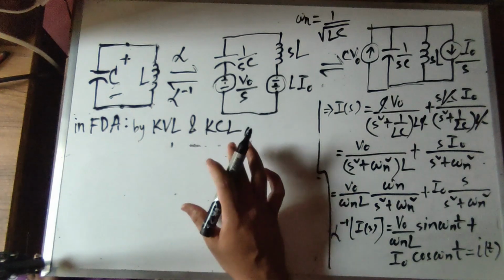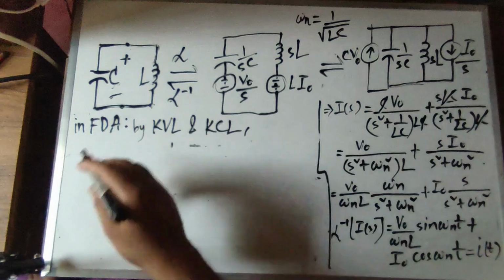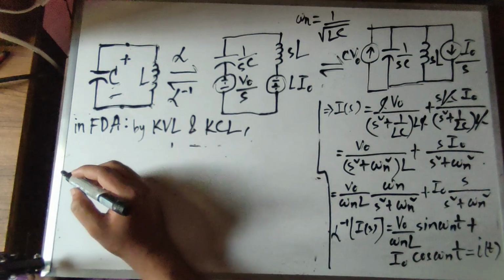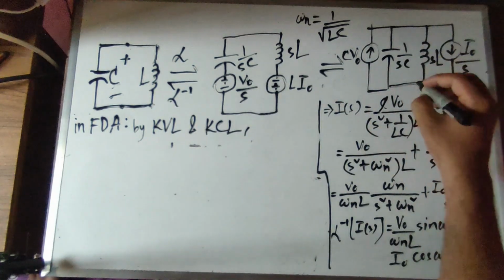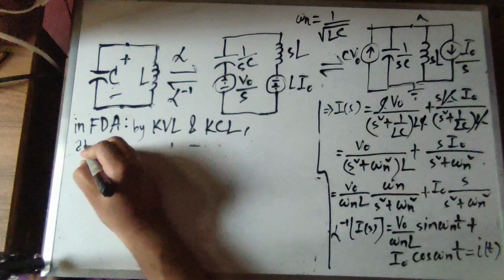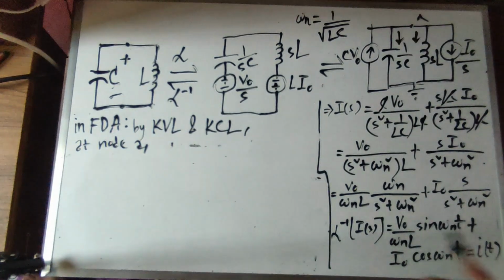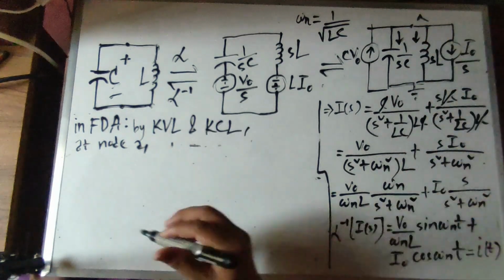Now let us apply KCL in this circuit to find the voltage response of the LC source free circuit. By KCL in this circuit, at node A, we have assumed the initial current through the inductor and capacitor.